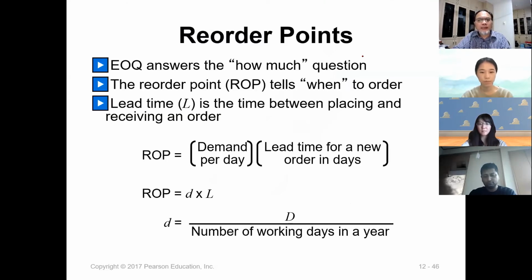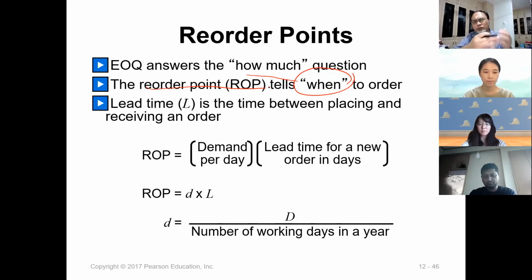Okay, and I also think I did show you a little bit of this. EOQ answers how much or how many to order, but what about when to order? This is related to the concept of reorder point. Reorder point means when the remaining quantity goes down to a certain level, we should order.